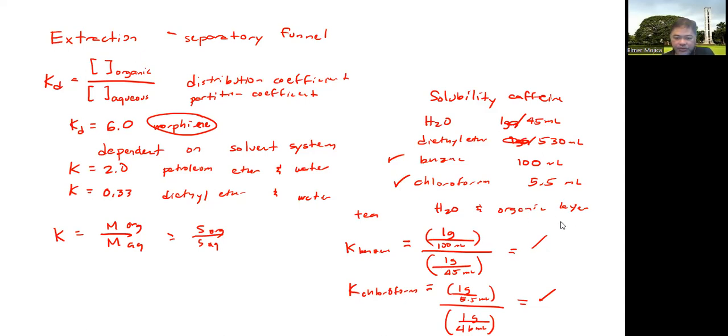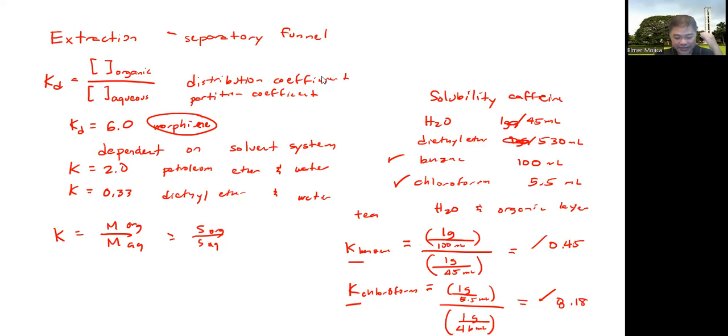So you get 0.45, and here it is around 8.18. This is another way of saying that chloroform is a better solvent to extract caffeine compared to benzene. But whenever you choose the appropriate solvent, you also have to consider what?